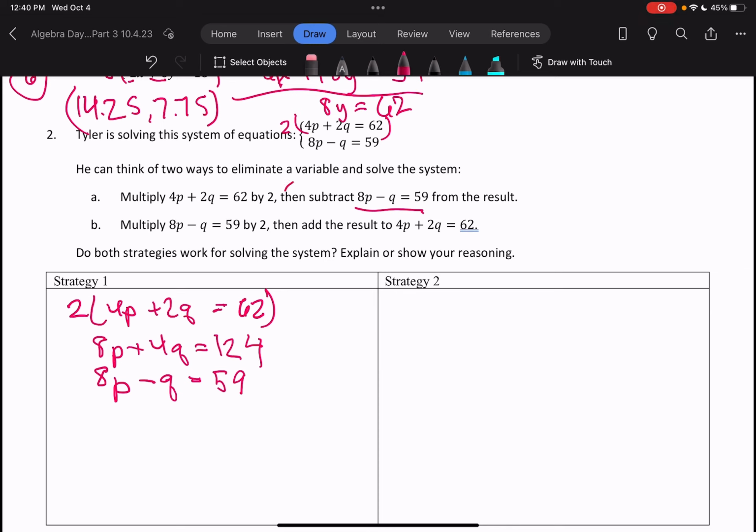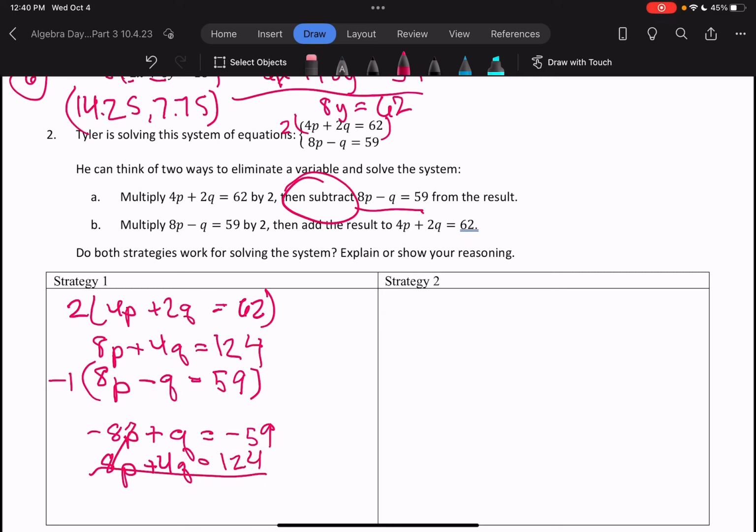He says then subtract. So we're going to multiply this whole thing by -1. And we'll get negative 8p plus q equals negative 59. And then we have 8p plus 4q equals 124. This will cancel out.